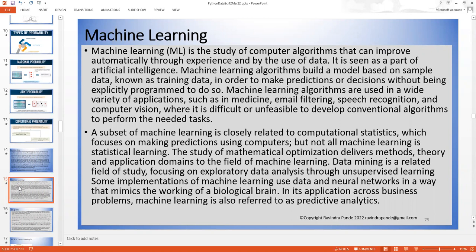Machine learning algorithms build a model based on sample data known as training data. Now, training data is the end result we are trying for, where we are marking our decision tree for the data which we know should be the end result, in order to make predictions or decisions without being explicitly programmed to do so.